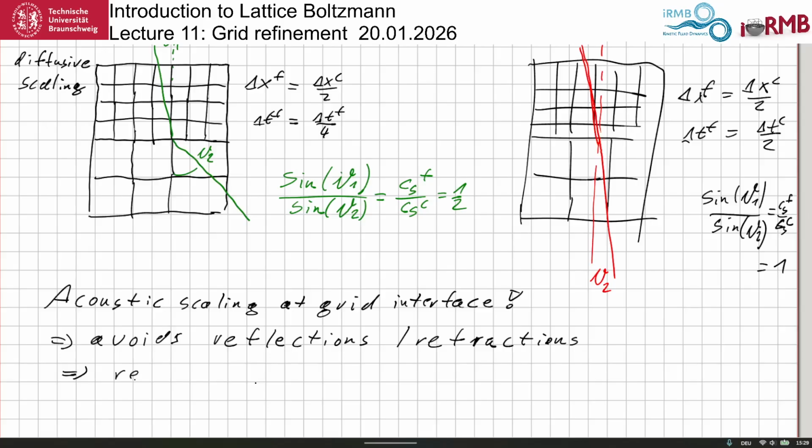So, of course, this requires the rescaling of the relaxation rates, and the non-equilibrium.